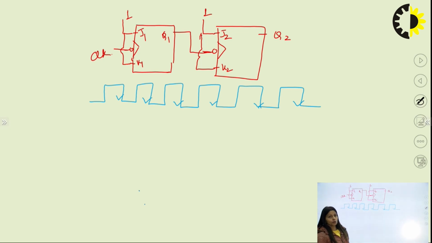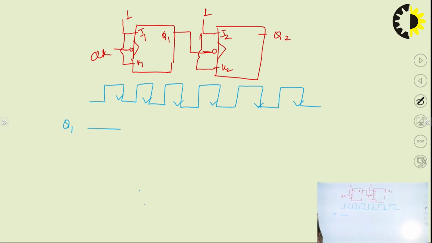Let us assume initially the outputs of the flip flops Q1 and Q2 were 0. The flip flops initially I have taken as reset flip flops, right. So initially the output of the first flip flop was 0.